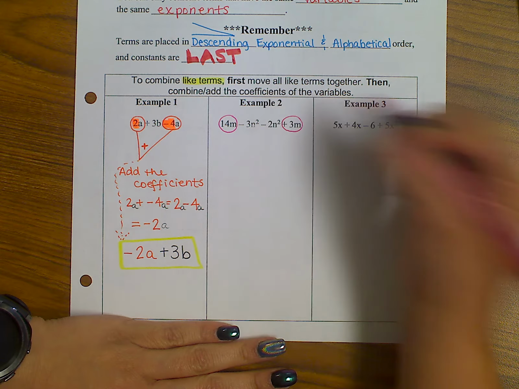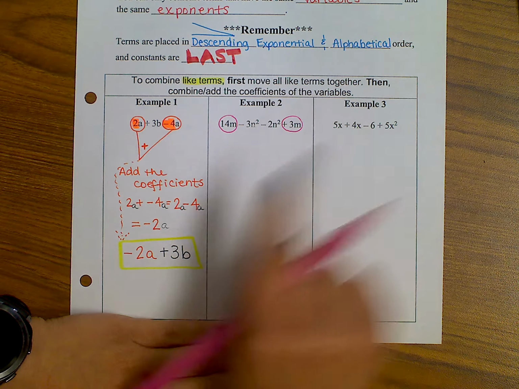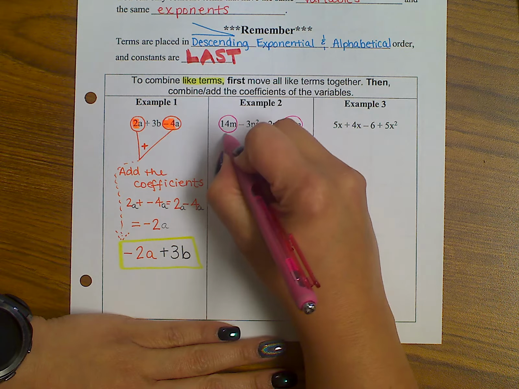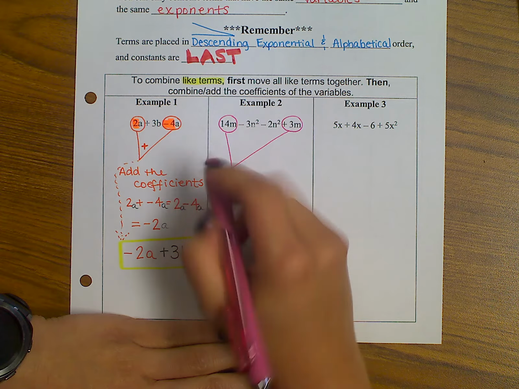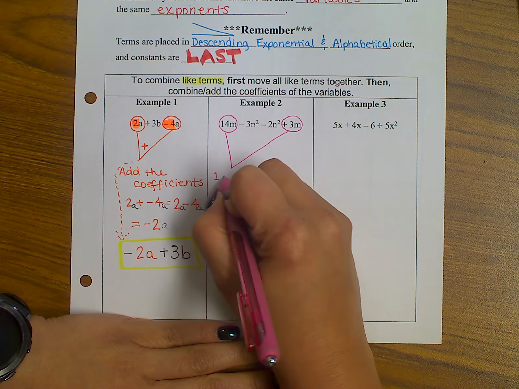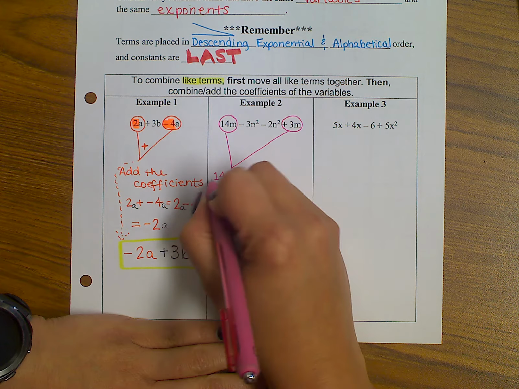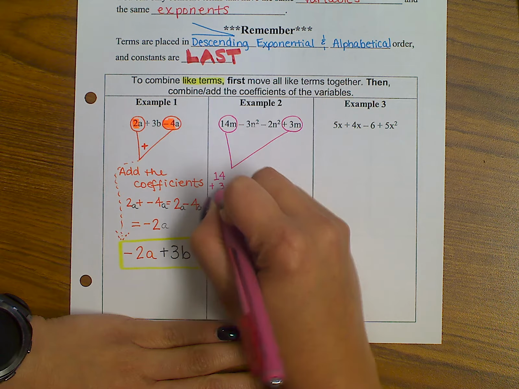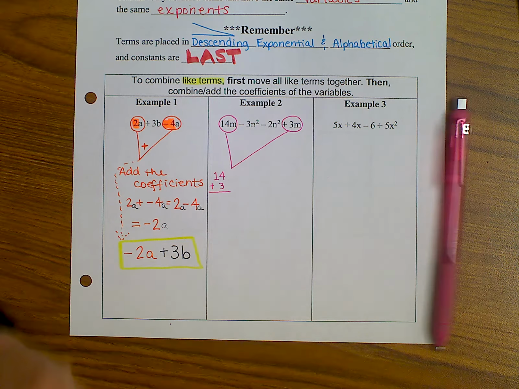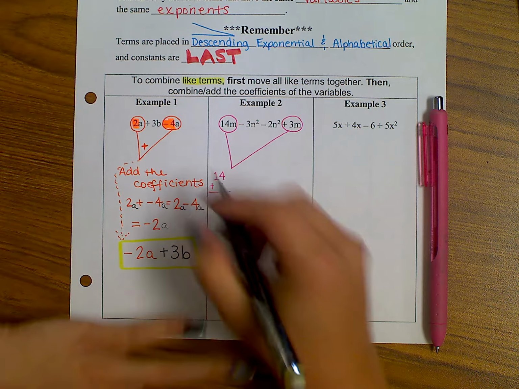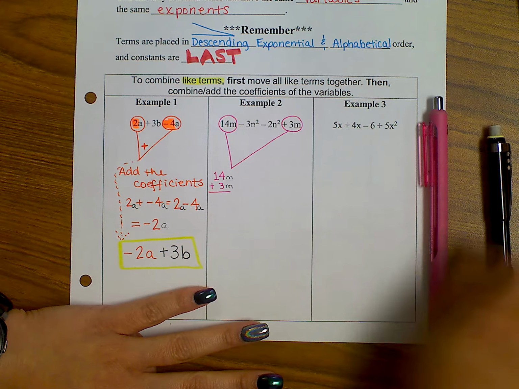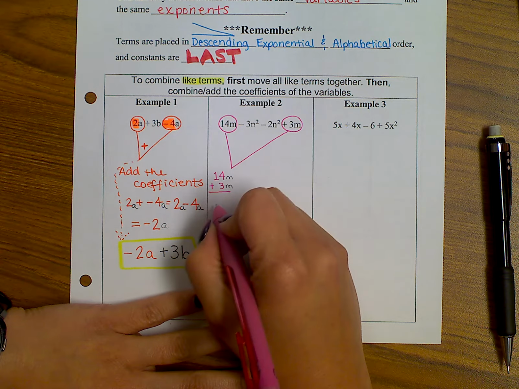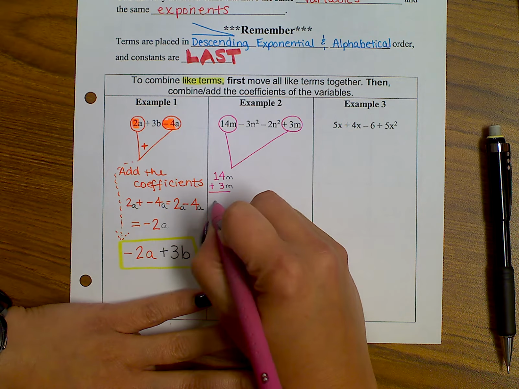I'm going to go ahead and circle those both in pink. Now, just like last time, we're going to add our coefficients. In this case, we have 14 plus 3. And obviously, that is 14m plus 3m. And that would give us 17m.